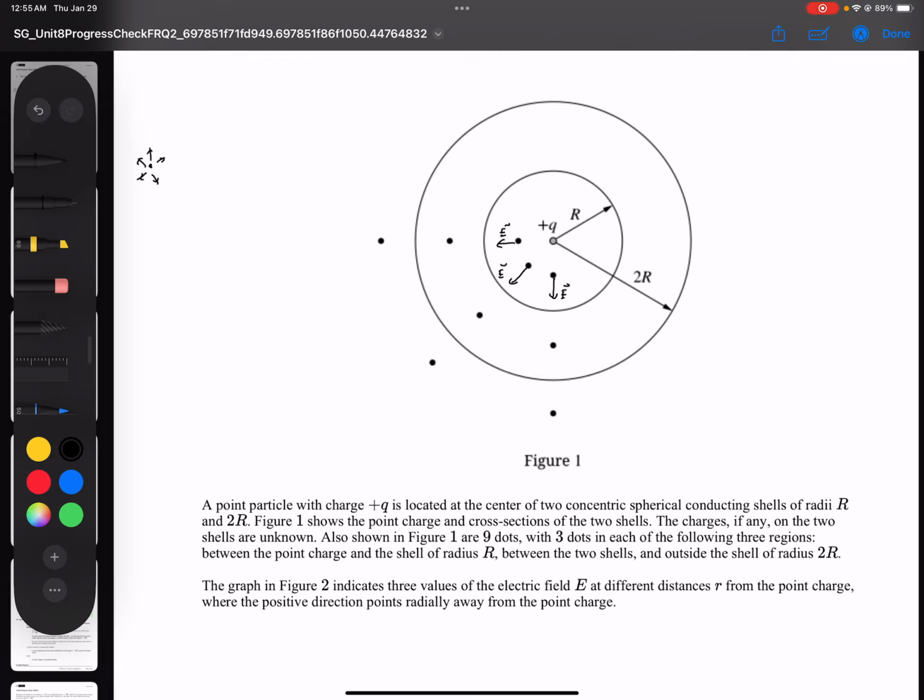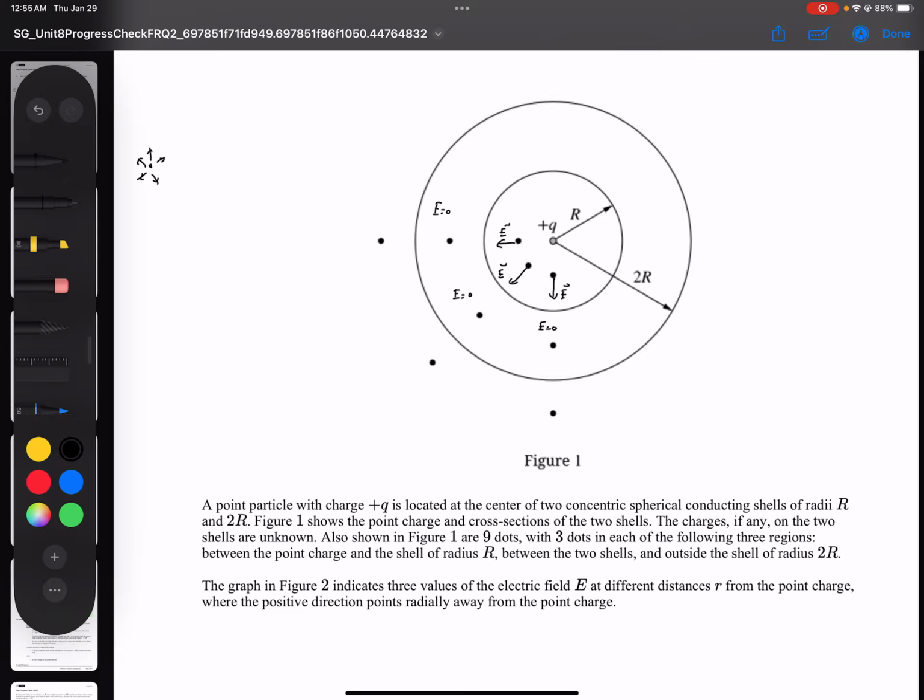And for the electric field in between the two conductors, what we find is that the electric field has to be 0. So the electric field here, it asks us to write E equals 0 whenever possible.